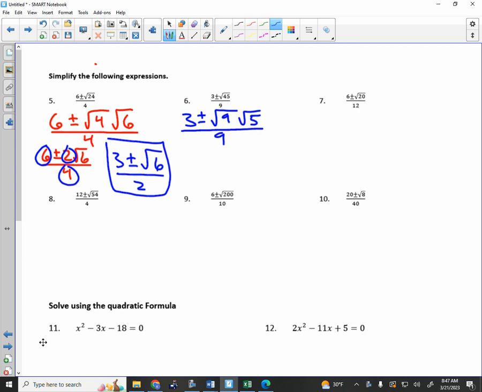Square root of 9 is 3, so I got 3 plus or minus 3 roots of 5 over 9. And then I look at these three numbers. They're all divisible by 3. So I divide them all by 3 and I get 1 plus or minus the root of 5 all over 3.